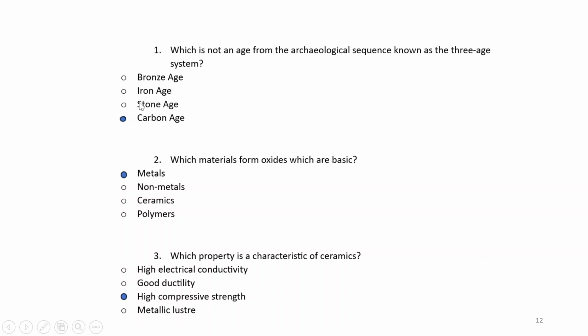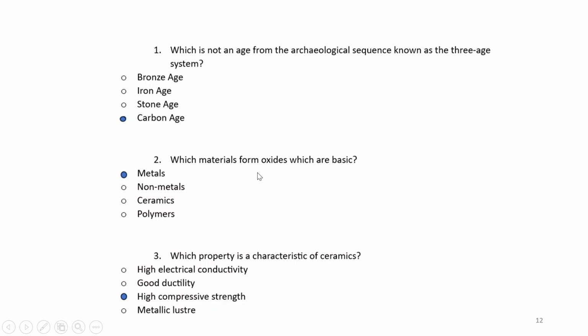Firstly, there will be Stone Age, then Bronze Age, then we have Iron Age. So depending on these three, Carbon Age won't be a part of this. Currently the age is called Carbon Age because of semiconductors that we use, so Silicon Age or Carbon Age. But in this three archaeological sequence, we don't count this Carbon Age.